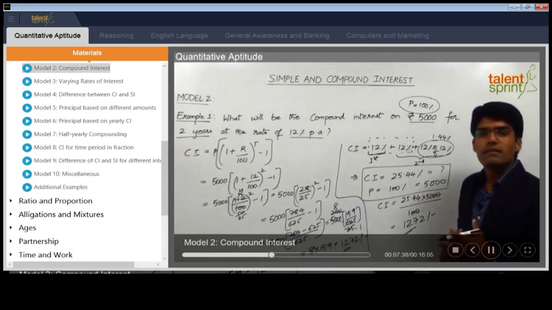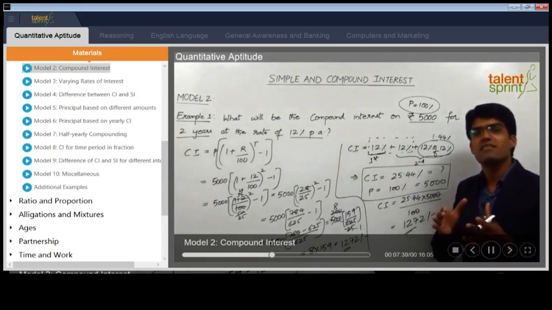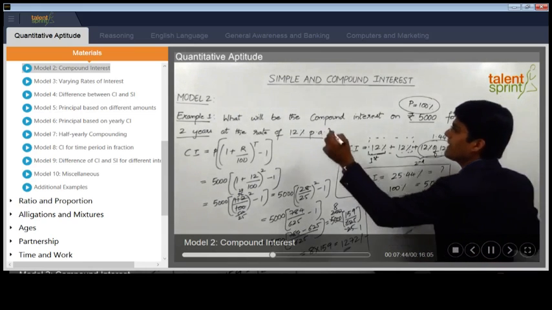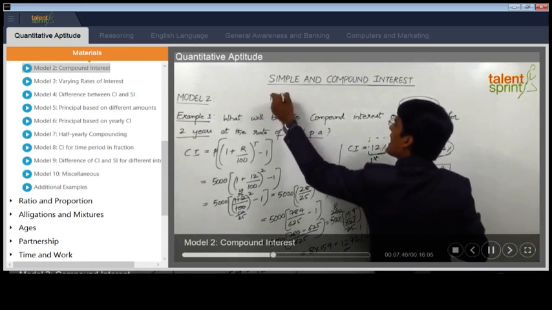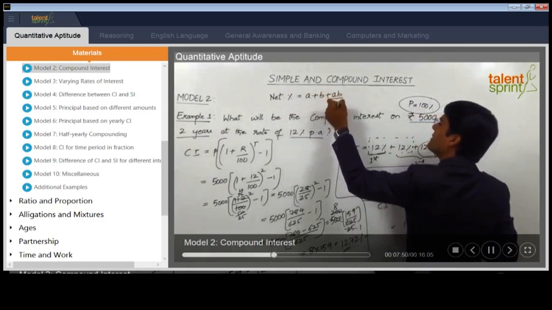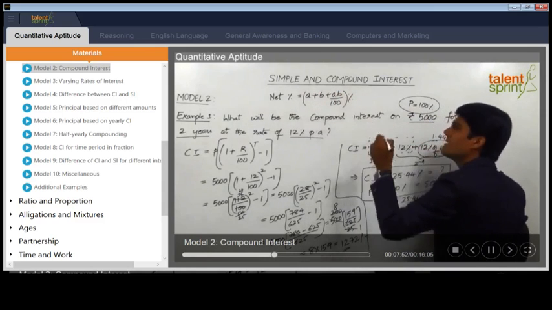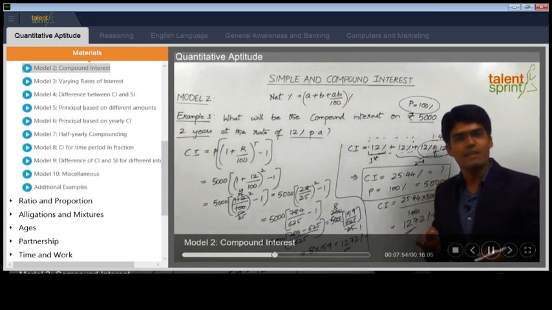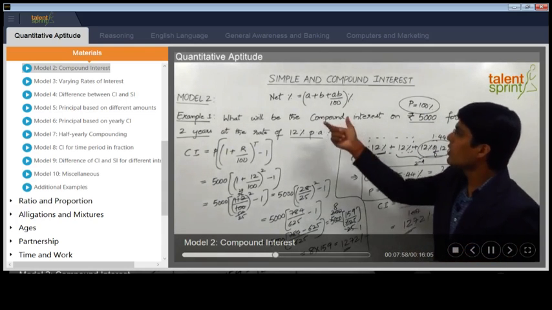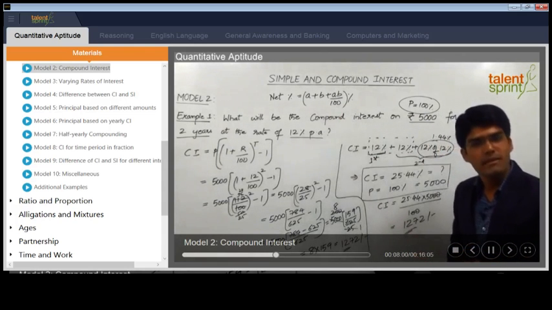If you remember, in case of percentages, we have discussed a concept called net or effective percentage. Net or effective percentage can always be taken as A plus B plus AB by 100%. There we had discussed that whenever two percentages are given to us and we need to find out the effective of these two percentages, we always go for A plus B plus AB by 100%.